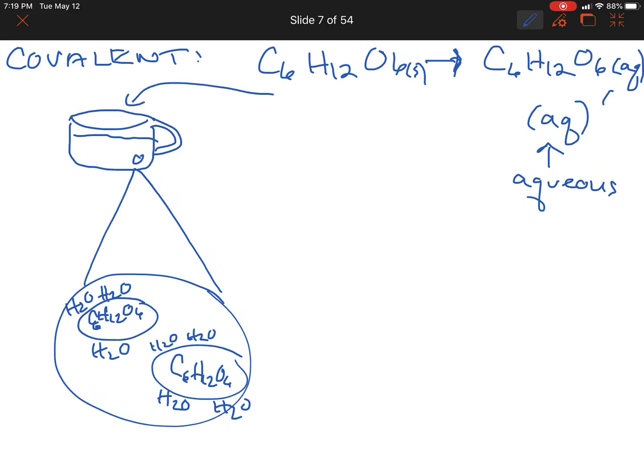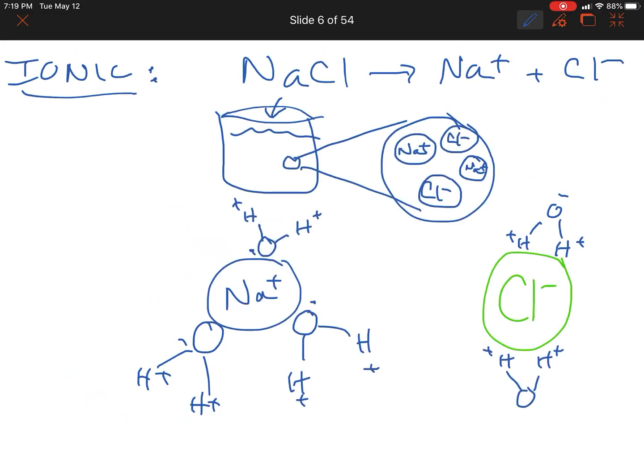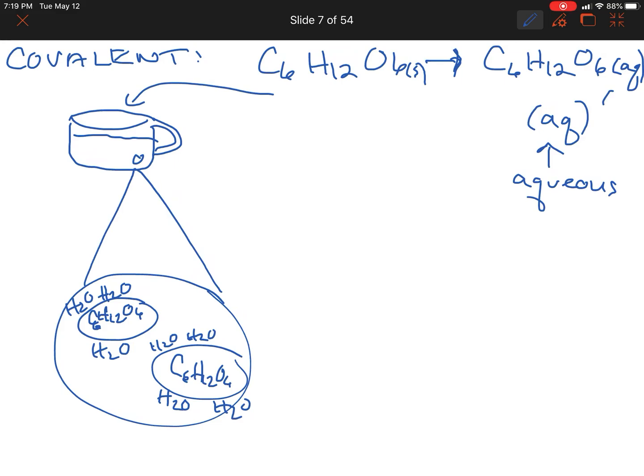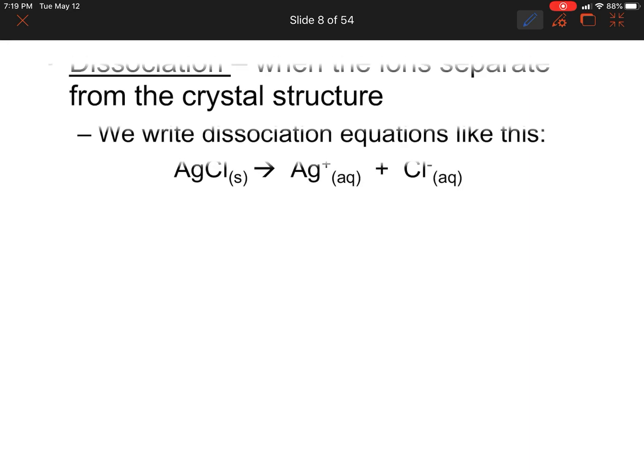So in both cases, the water molecules surround the species in the solution. But of course, the main difference is that in the ionic case, it breaks apart into the ions and then the water orients itself around them, versus the molecules, where it stays in its molecular form and just changes state, moving from a solid into the aqueous state. Okay, so that is the difference between both of them.